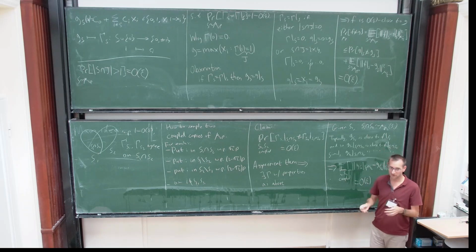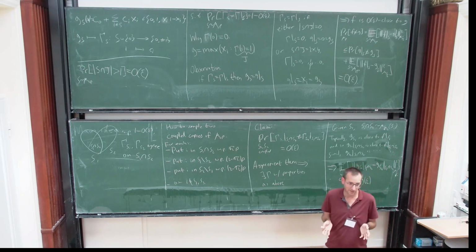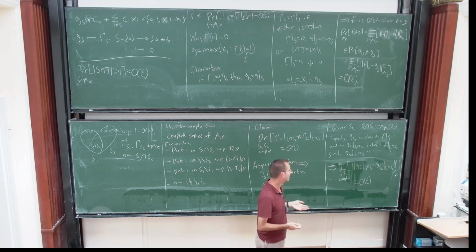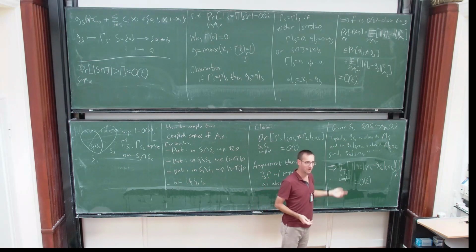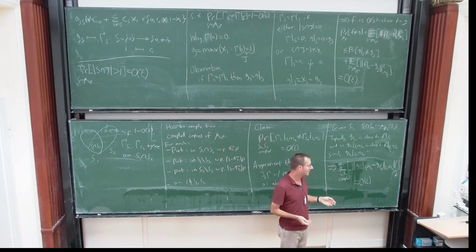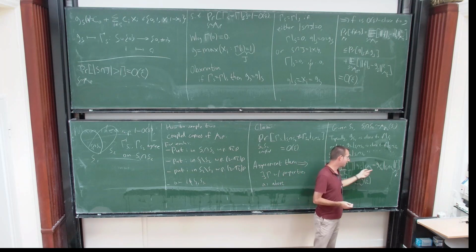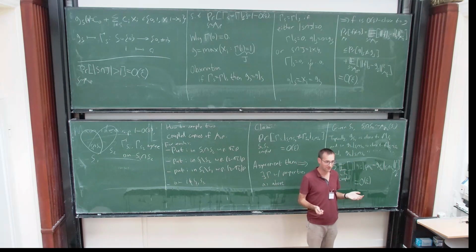I'm skipping some calculations, but this is the idea. Typically these functions are close to restrictions of F, and these restrictions are close to the same restriction of F. This is why they're typically close to one another. I think it's quite intuitive.